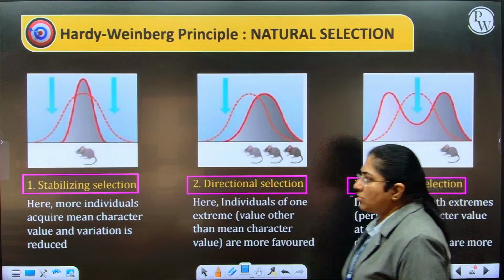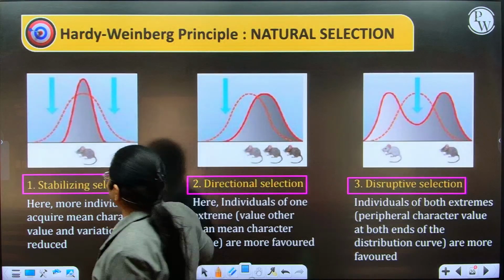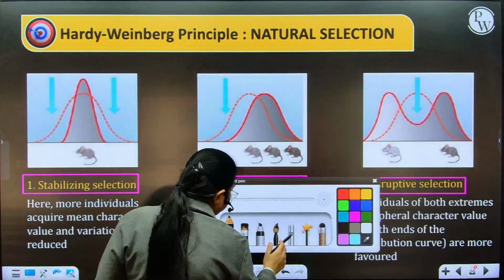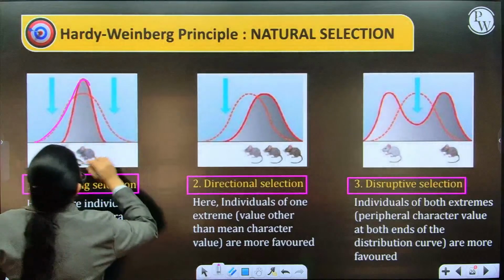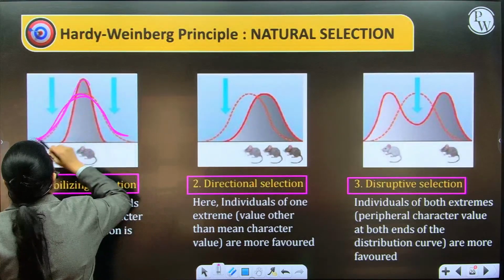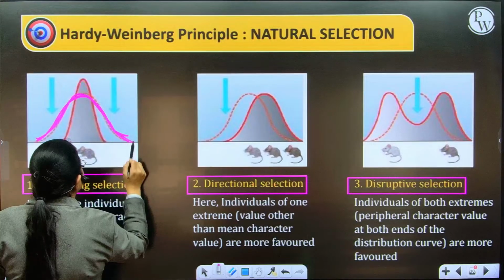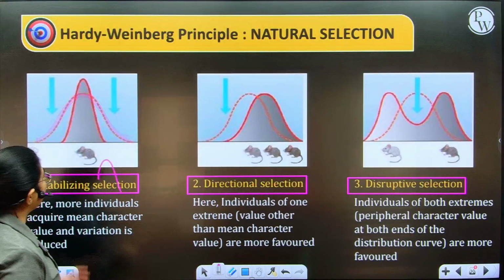Now if we are talking about a particular population, say for example, this was the original population. In this original population, there were 3 different kinds of mice.